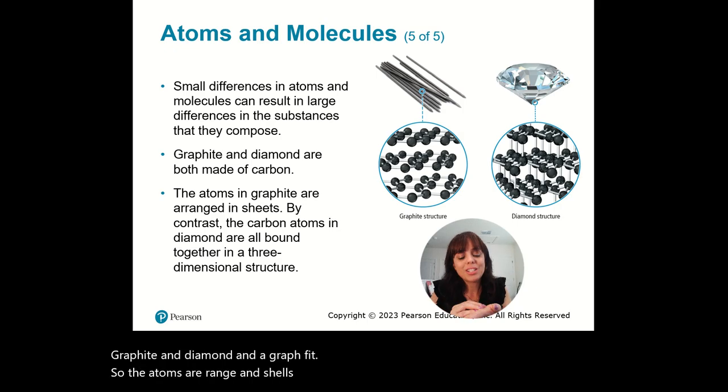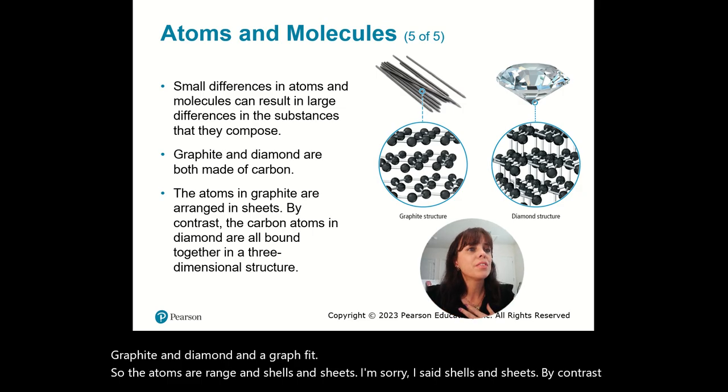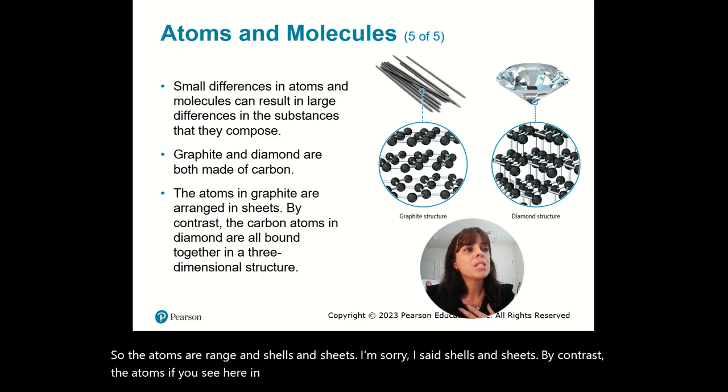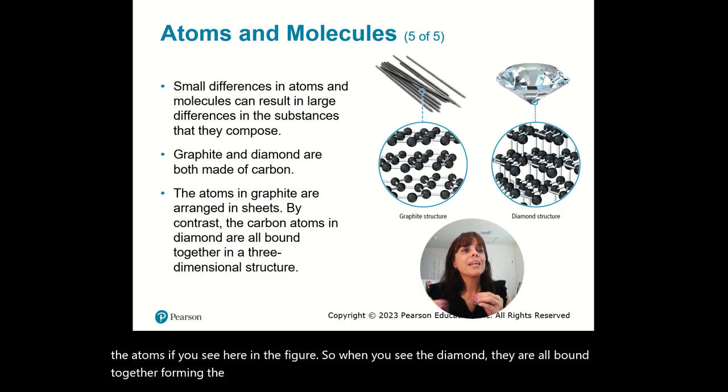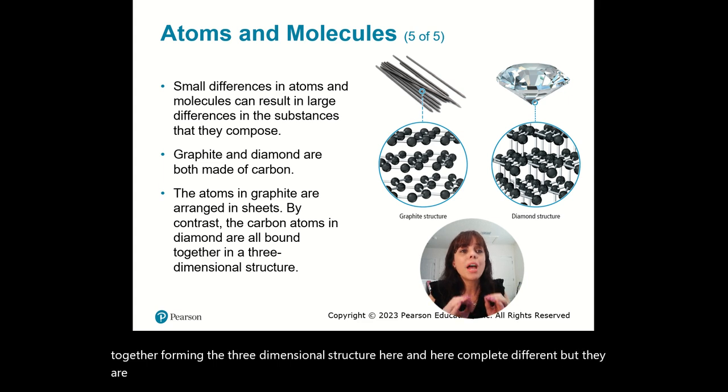I'm sorry, I said shells and sheets. By contrast, if you see here in the figure, in diamond the atoms are all bound together, forming a three-dimensional structure, and they are completely different, but both are formed by carbon. So the arrangement completely changes the properties.